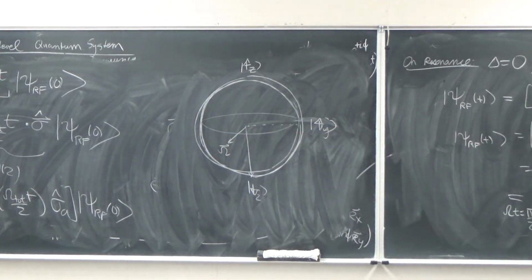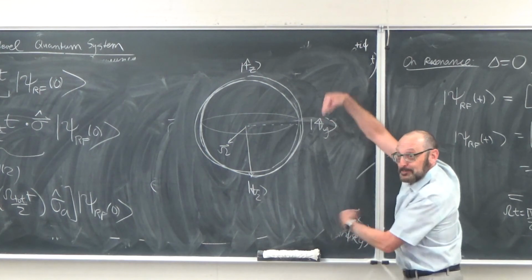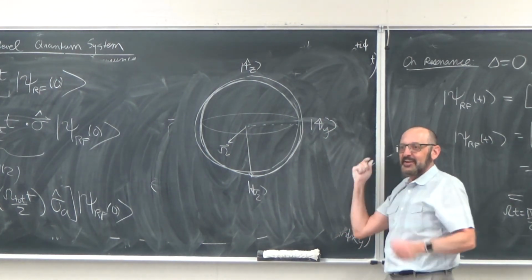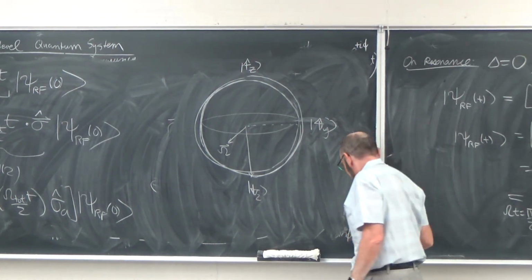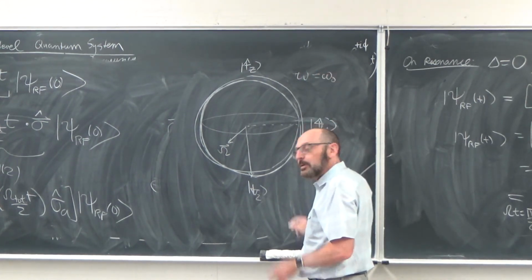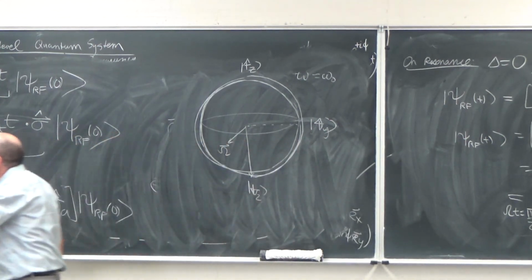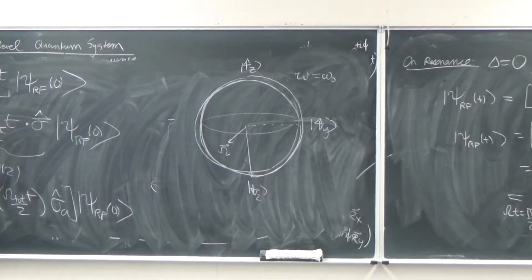Is this spin Y in the rotating frame? This is in the rotating frame. So you're absolutely right, because this whole thing is going around the sphere at the big frequency omega equals omega naught. But in the rotating frame, it's y. And that's always true. In every implementation, we always have some resonance.